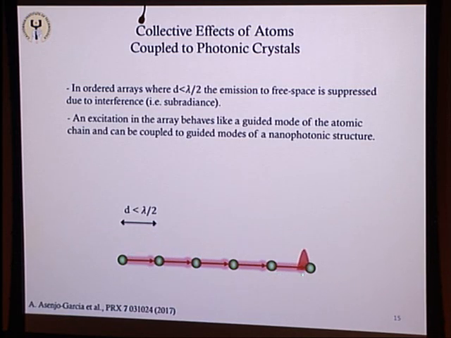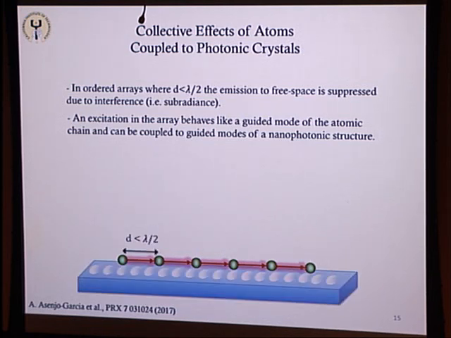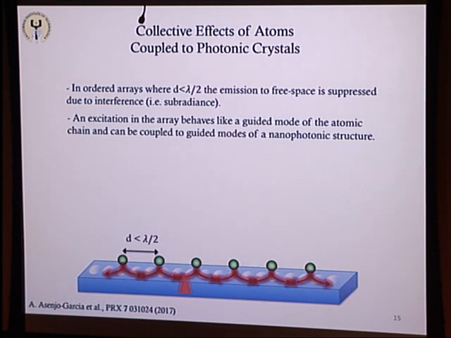mode of the chain. This is an interesting thing to study maybe in free space, but if you couple this to a photonic crystal structure, then this guided mode of the chain becomes a guided mode of the photonic crystal structure. And so now this excitation is going back and forth in this structure.